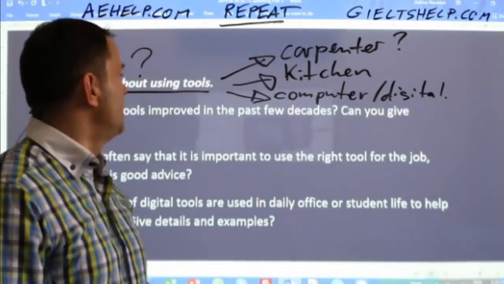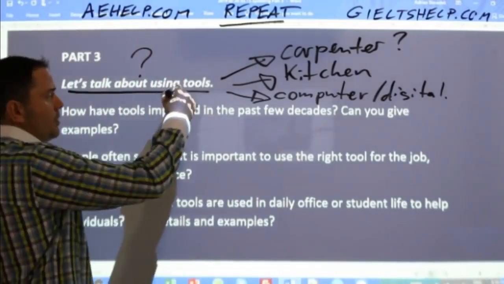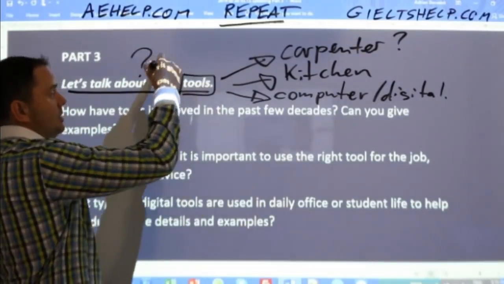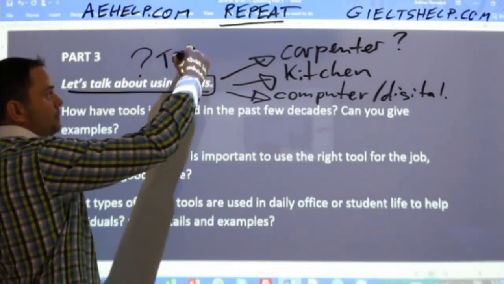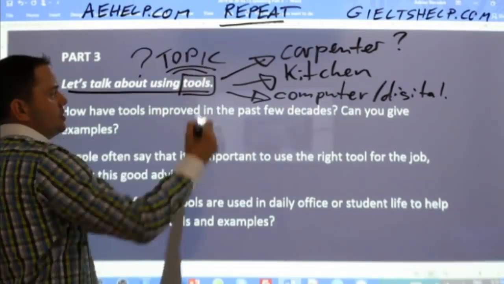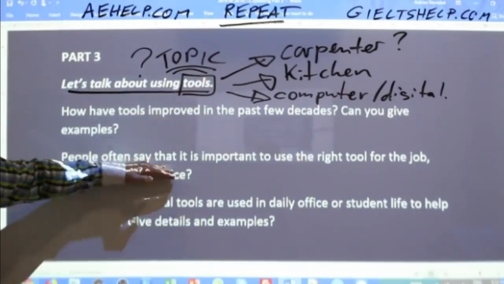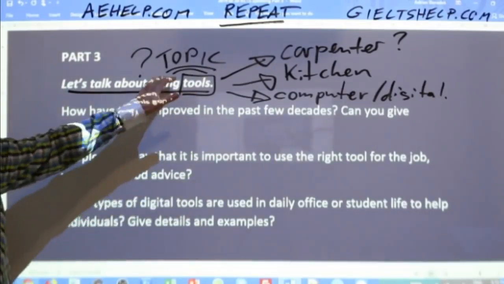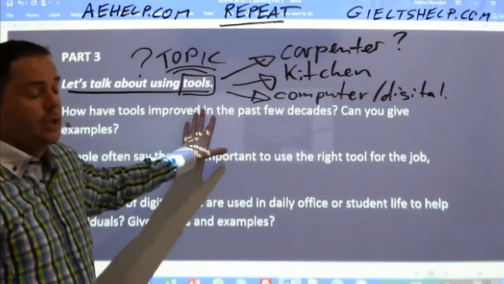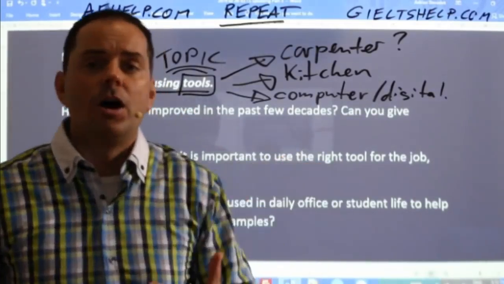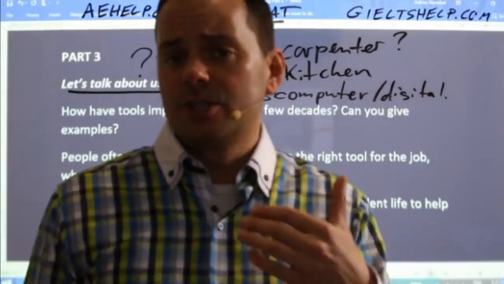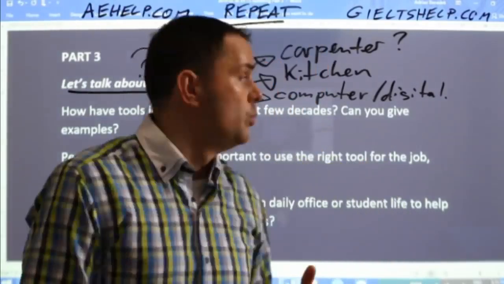So when you think about the word tools, some of you are correctly realizing that you need to identify the topic, which is good. So here the topic is obviously tools. Each question will be connected to the idea of tools coming up. And you need to think of as much information as possible, as quickly as possible when you hear this phrase.